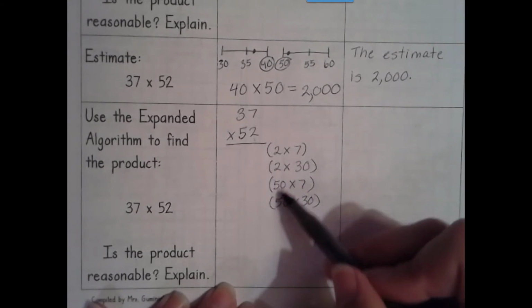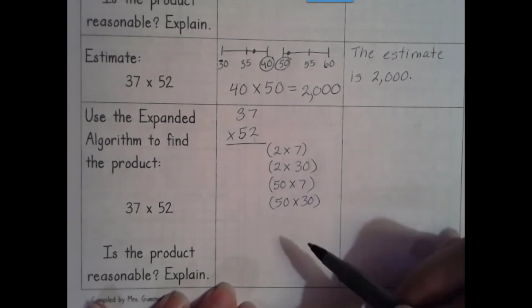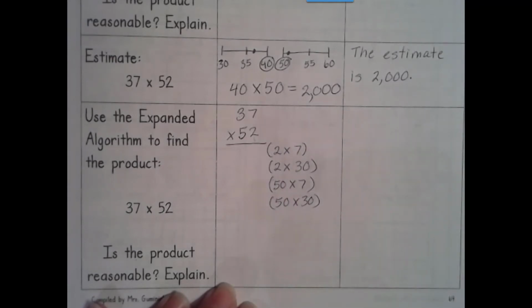And I'll have 2 of the 10s here. And then these alternate. 1's 10s, 1's 10s. But you'll have 2 of each somewhere in there.